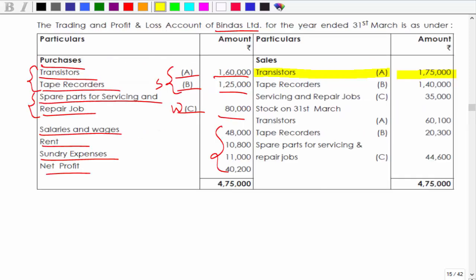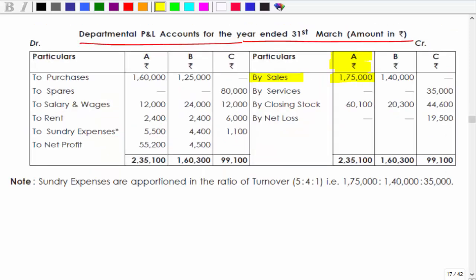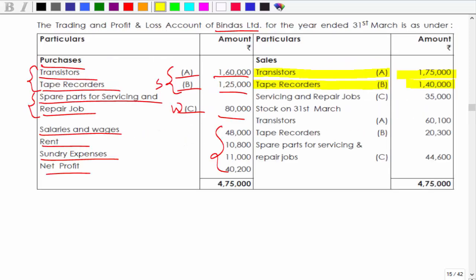What about department B? They sell tape recorders in showroom and it is 1,40,000. So it is 1,40,000. What about department C? Do they sell anything? No, but they get their income from servicing and repair jobs. That is department C, and it is 35,000.